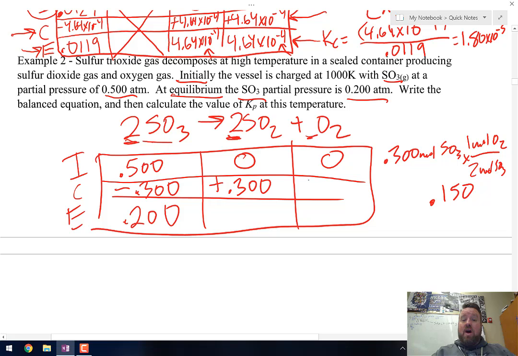Now again, it's a product though, so it's going to go up by 0.15. So equilibrium, 0.3, equilibrium, 0.150, because they both start at 0.